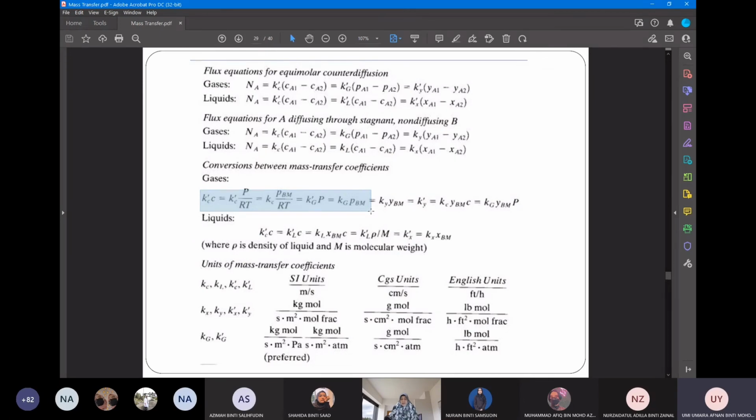Because this is a constant, to see the relationship between the gas and the liquid. You have different cases: the flux equation for equimolar counter diffusion, and the second one, the flux equation for A diffusing through stagnant and non-diffusing B. So you have two cases, and then you combine both and see the relationship.